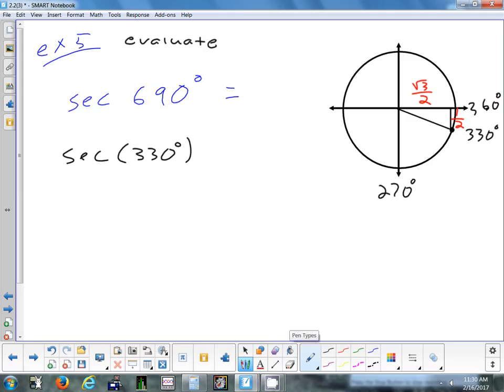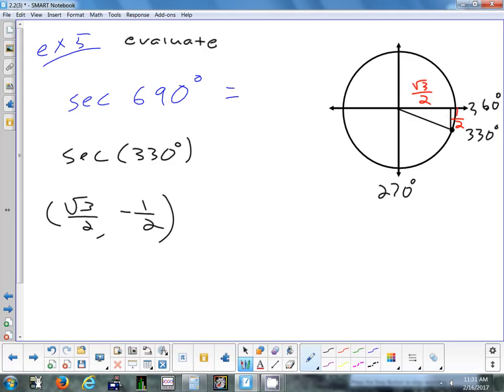So the x is going to be root 3 over 2, but is it positive or negative? It's positive because we went to the right. And the y is going to have something to do with a 1/2, but is it positive or negative? Yep. It's going to be negative because we went down. On the test, you'd get half credit if you gave me just this coordinate. Now the next part is I want the actual answer.